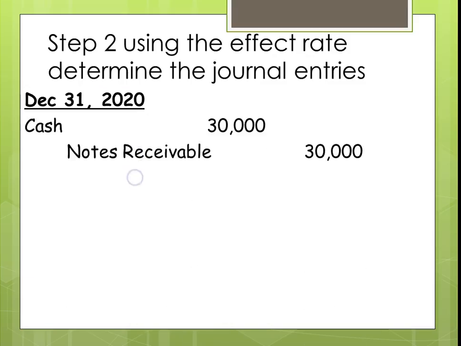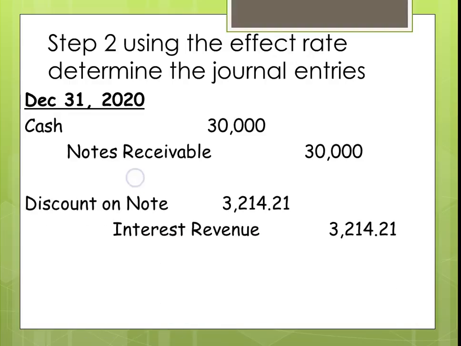And then in the last year, we're going to take our last payment and amortize the discount on note, which would bring that to 0, and our notes receivable should be 0. And we are finished with that transaction. And that's how you handle accounts receivable, setting up your allowance account, and recording a notes receivable.